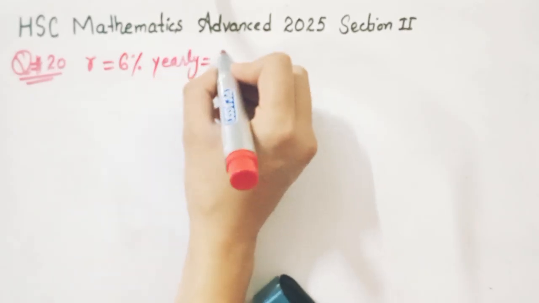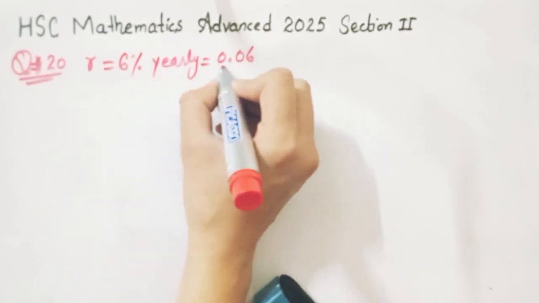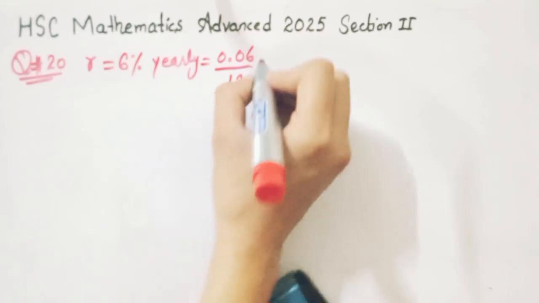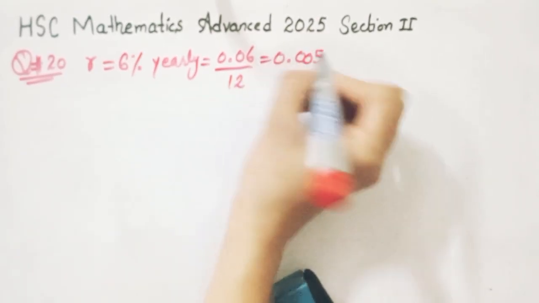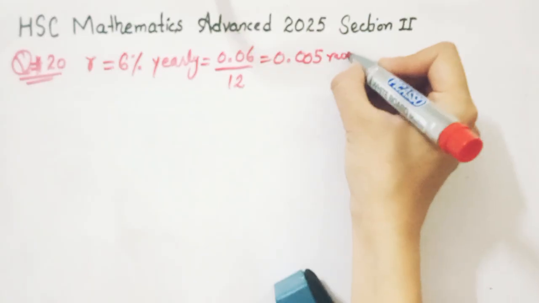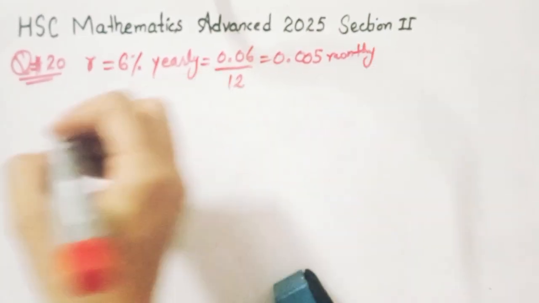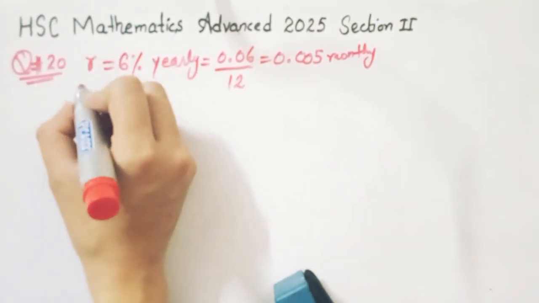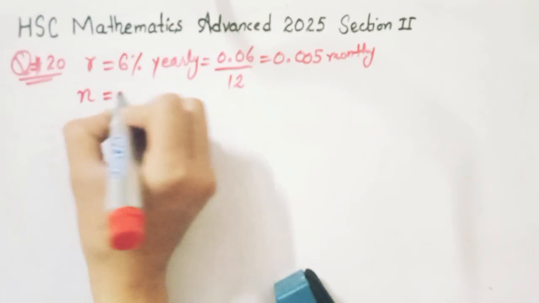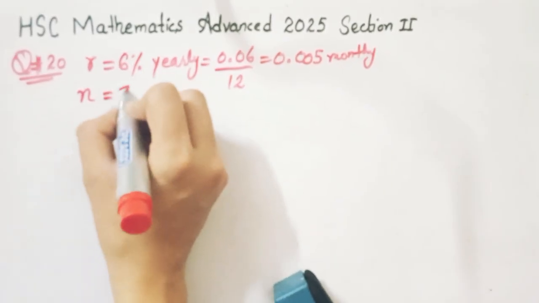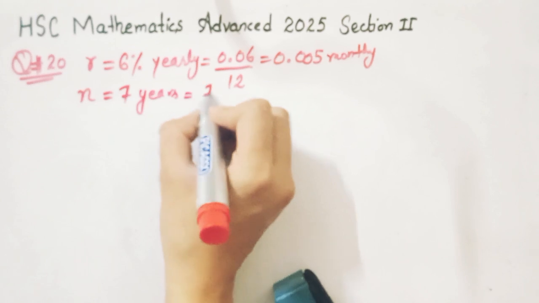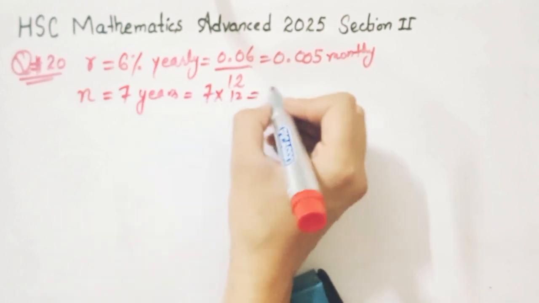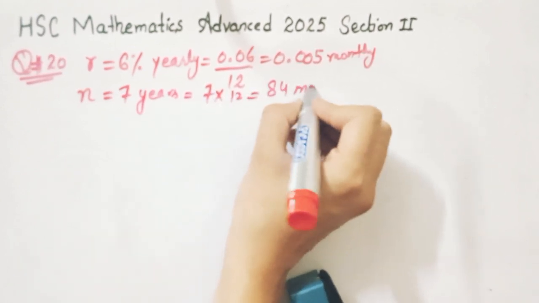That means 0.06 divided by 12, we get 0.005 monthly. Next, you have to find the time period, which equals 7 years. It means 7 times 12, that is 84 months.